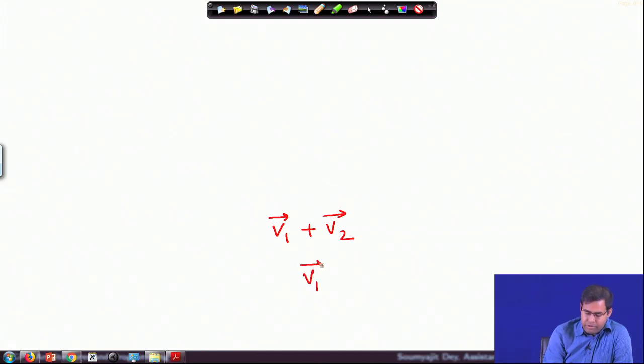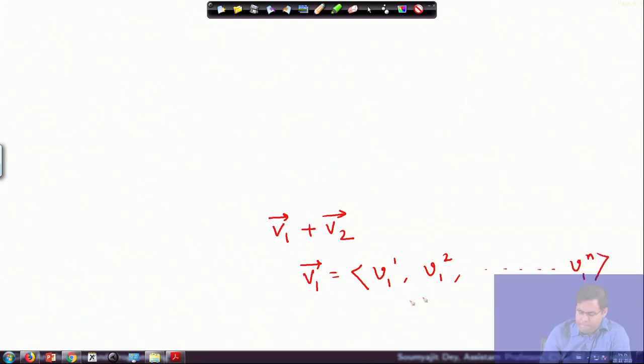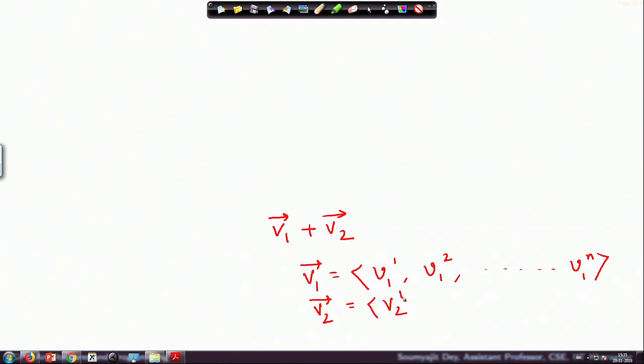So, v1 is a vector, that means it contains components, so both are n dimensional vectors and I am doing their addition.